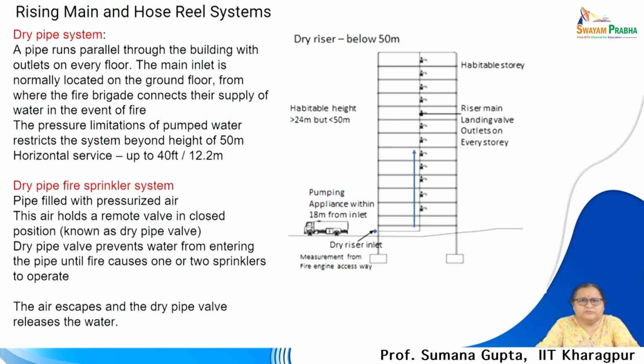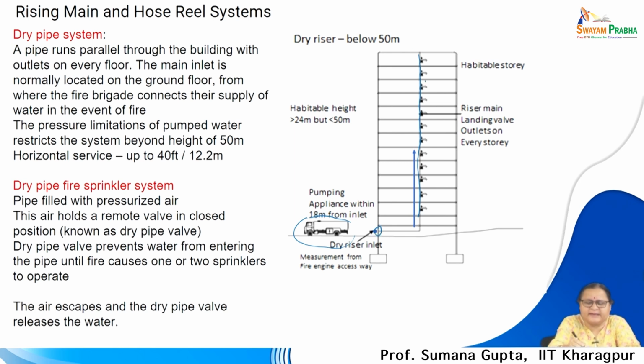Now, coming to the two types of riser main or hose reel system. As you can take from the word dry, dry means there is a pipe. You can see in this picture that there is a pipe through and through, and the arrowhead is up, and here there is a fire engine which has arrived, and here there is some inlet.